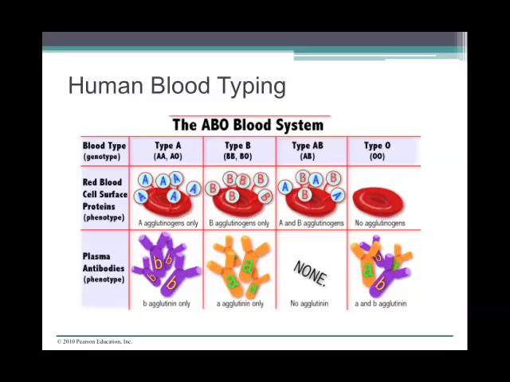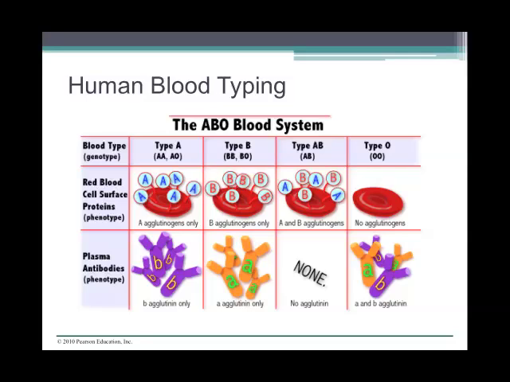It has no antibodies though. And think about it. If it did, say it had an anti-A antibody, the anti-A would interact with the A antigens. You don't want that to happen. Same thing with the anti-B antibodies. It would interact with the B markers.